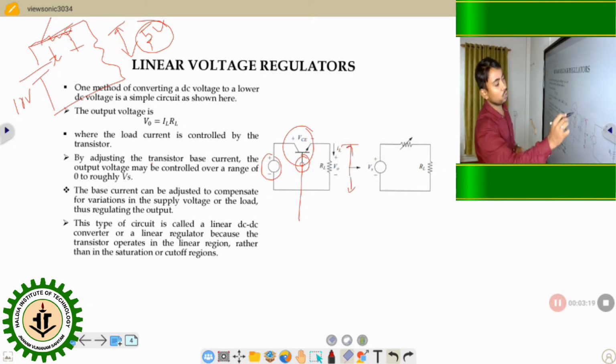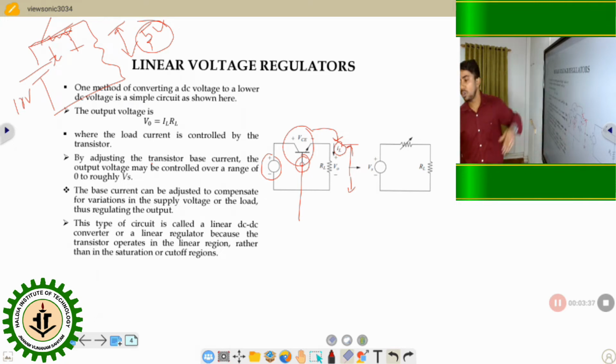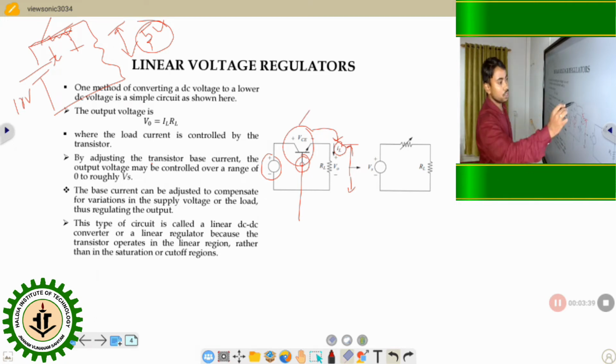The current through the load is called IL, the load current, and the output voltage is V0. We can change this voltage as required by only changing the base current. This type of regulator is called a linear voltage regulator because the switch operates in the active region, or linear region.